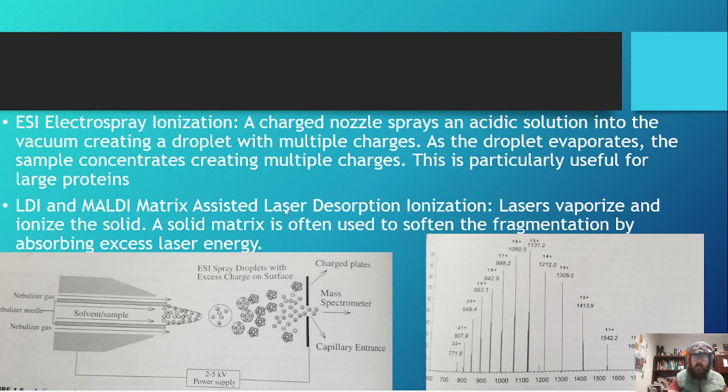In this case, you put a specialized solid that absorbs the majority of the laser energy. It explodes and it takes your compound with it. Because the matrix absorbs most of the energy, you don't see nearly as much fragmentation. So there are different ways if it's not easy to get this into the gas phase and we don't want to see a lot of fragmentation.